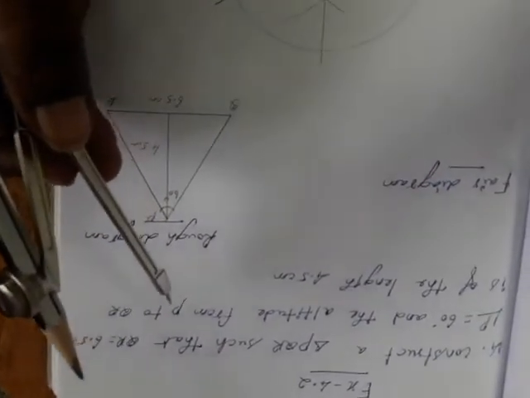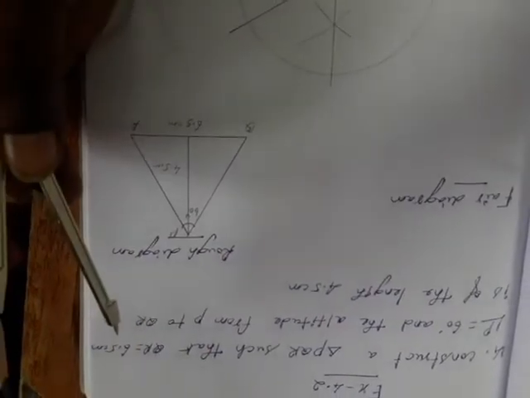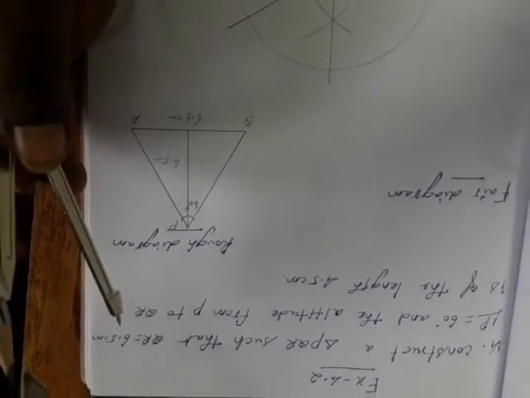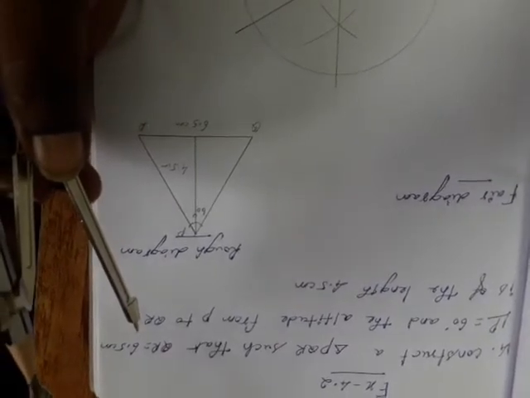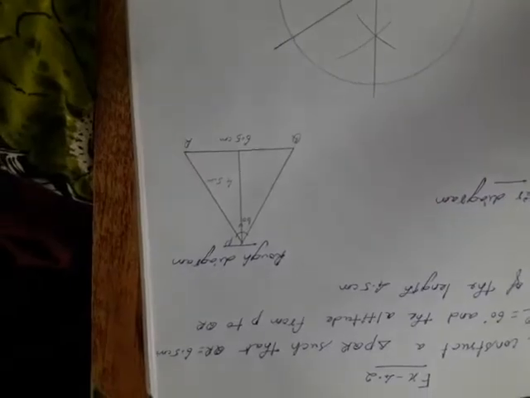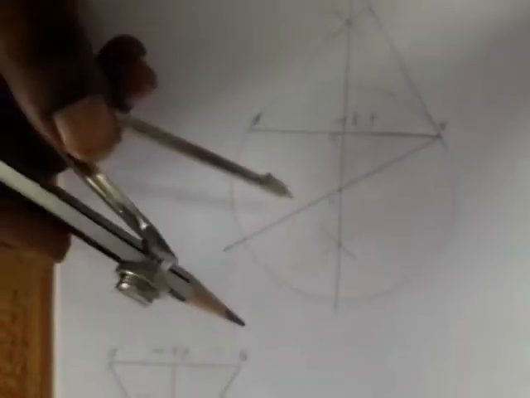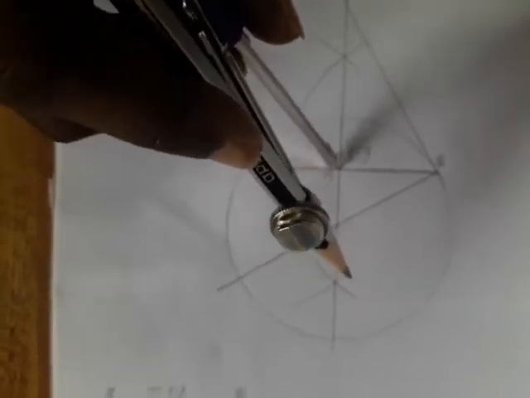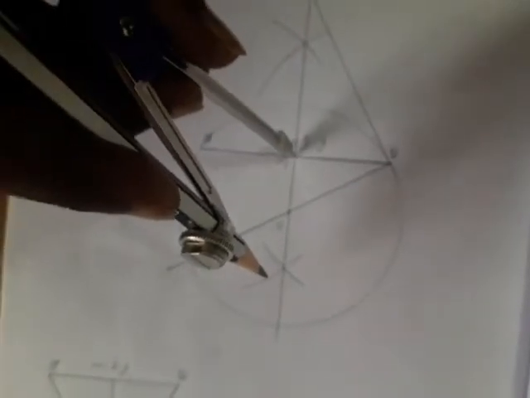Next, what is given? The altitude value is given, 4.5 centimeters. So you have to take 4.5 centimeters here. With the median, we kept the point G as the center and drew the arc, but here the altitude is given.